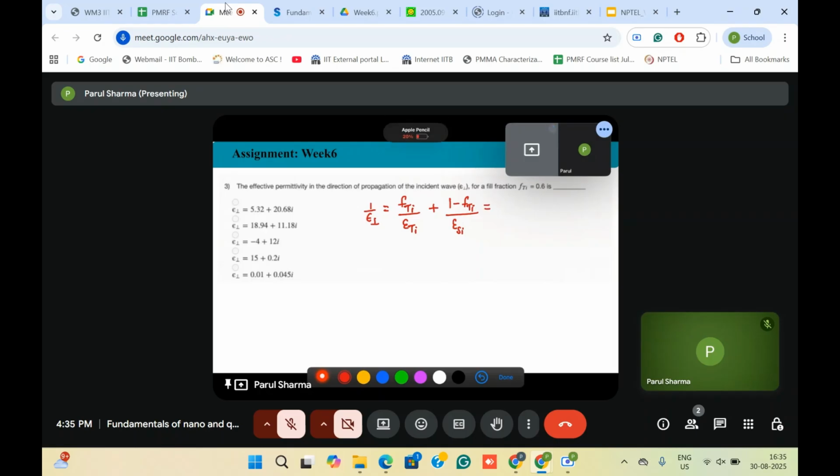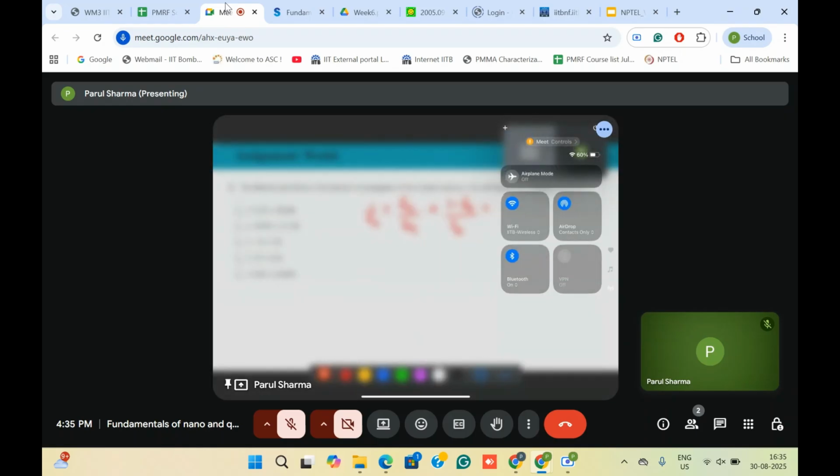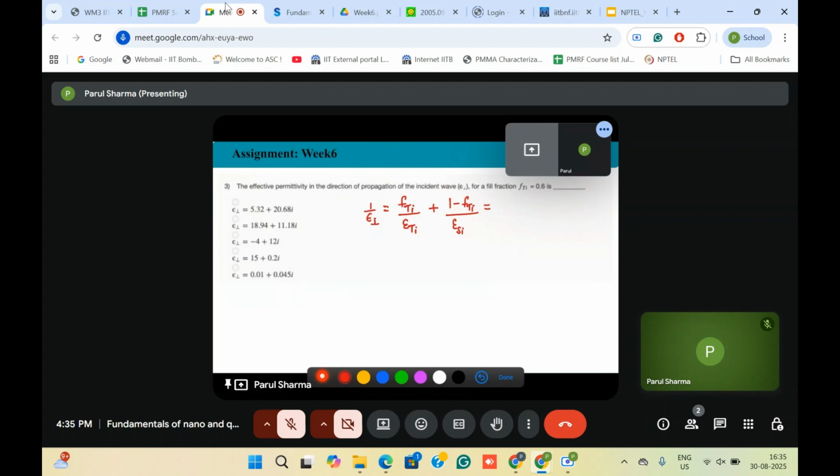It will be 0.6 by minus 4 plus 12i, plus 0.4 by 15 plus 0.2i.